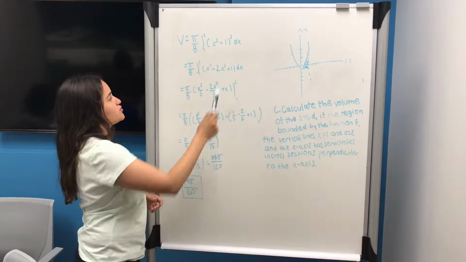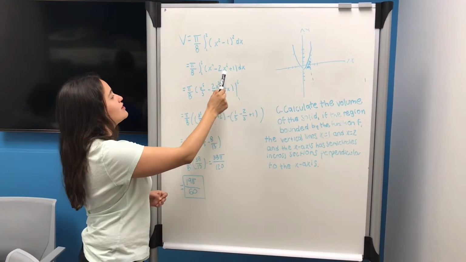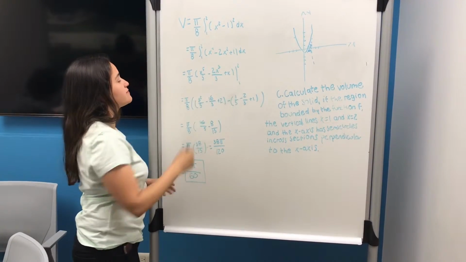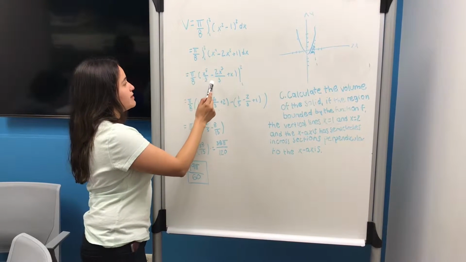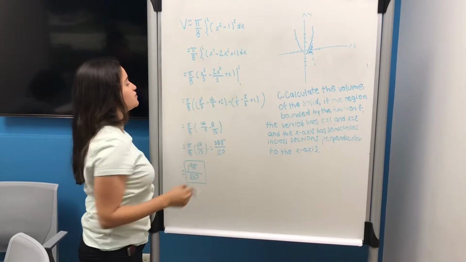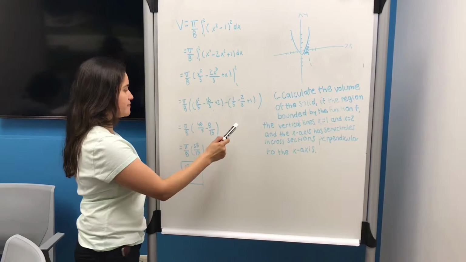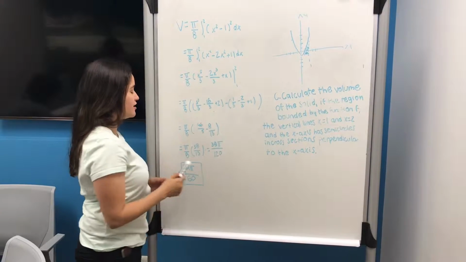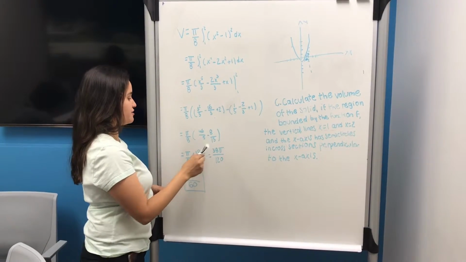We square this and we get x to the 4 minus 2x squared plus 1 dx. Then we integrate this and get x to the 5 over 5 minus 2x cubed over 3 plus x, evaluated from 1 to 2. So when we evaluate this, we add all of the fractions together and get 46 over 5 minus 18 over 5.